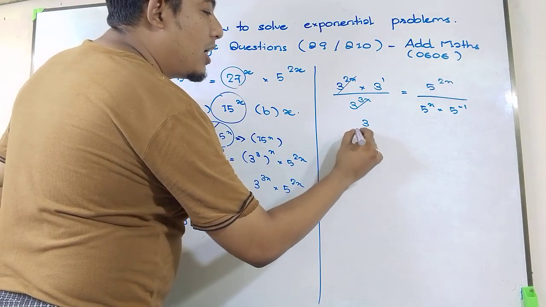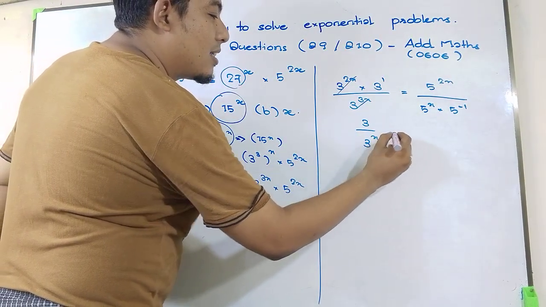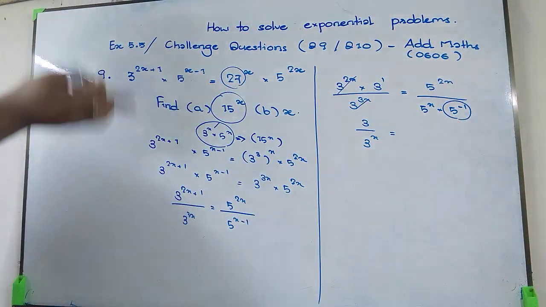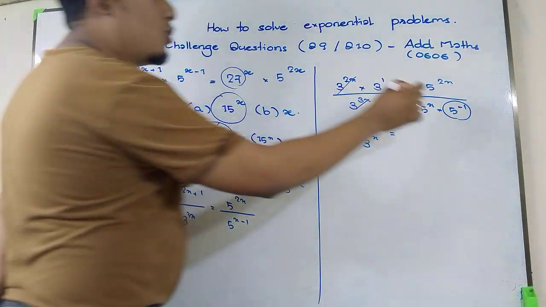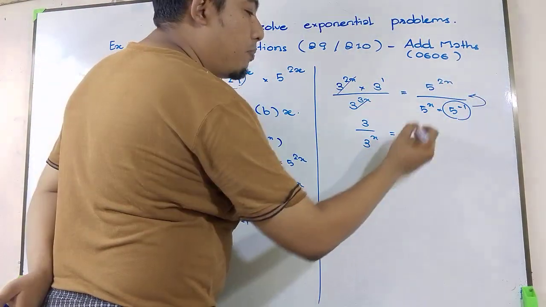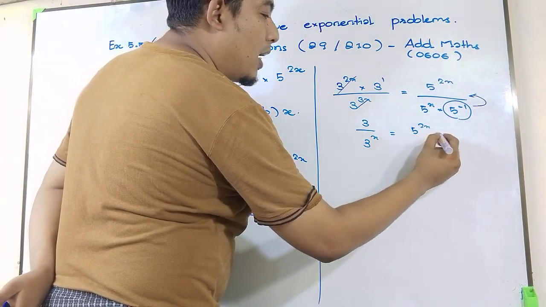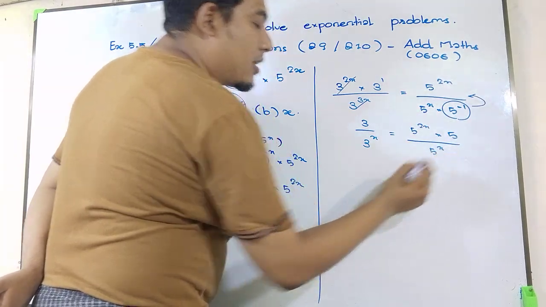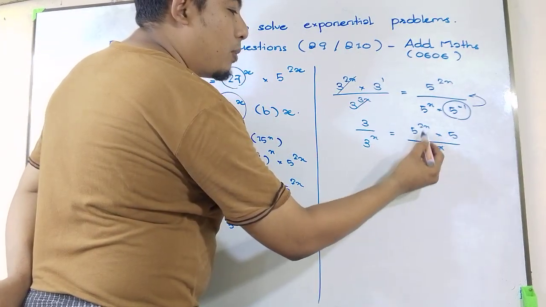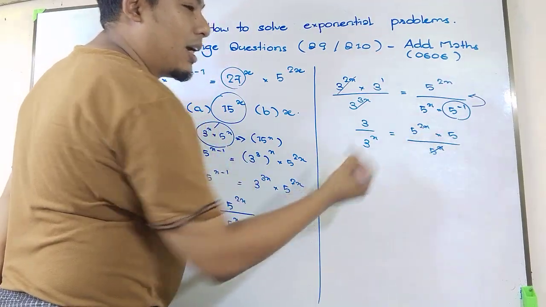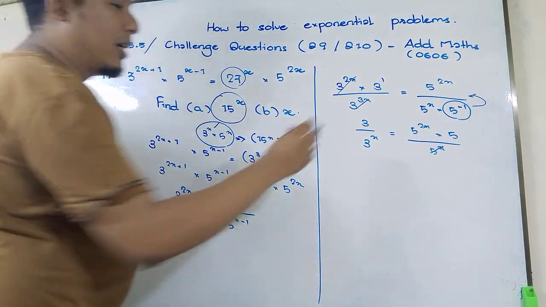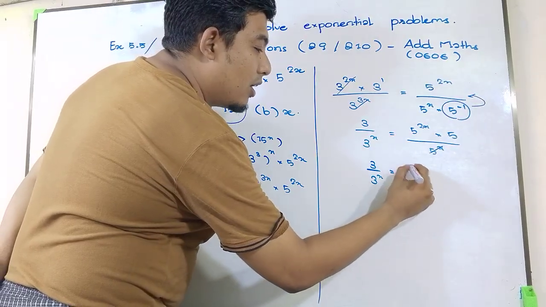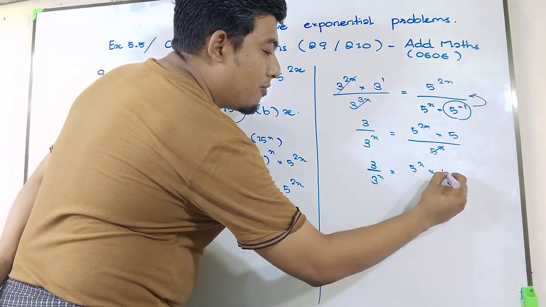Which is 3 over 3 to the power x is equal to, you can move from the numerator to the denominator to make the power negative. So it becomes 5 to the power 2x times 5 divided by 5 to the power x. Now you can cancel out 5 to the power x and 5 to the power 2x, so you have 5 to the power x. So 3 over 3 to the power x is equal to 5 to the power x times 5.